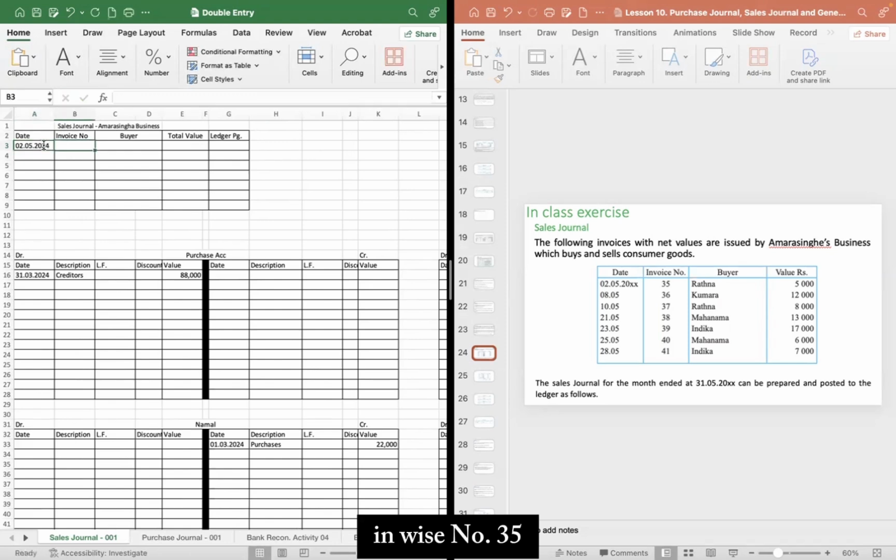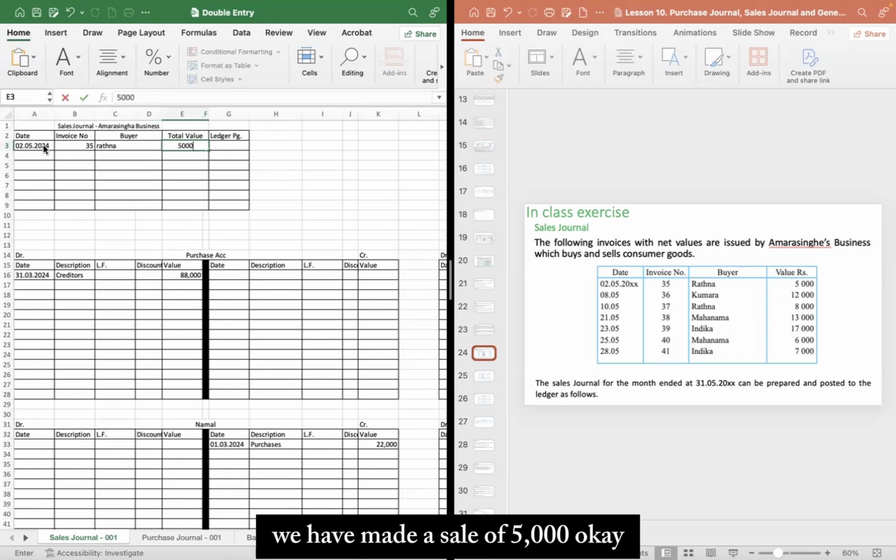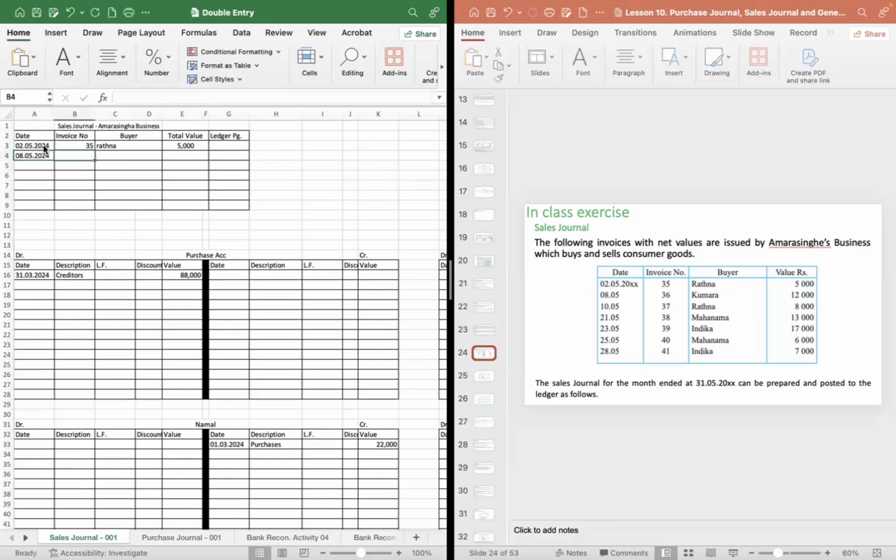Invoice number 35, Ratna. We have made a sale of 5,000. Then on 8th May 2024, invoice 36, Kumar, 12,000.